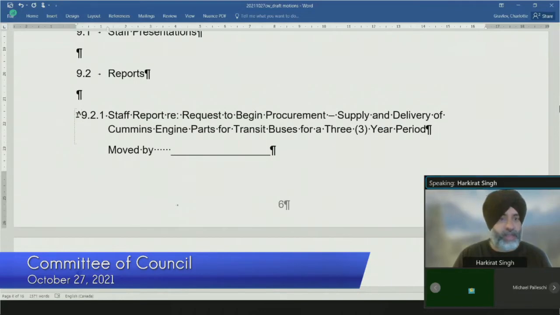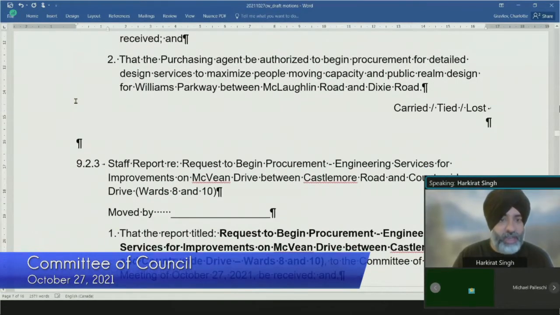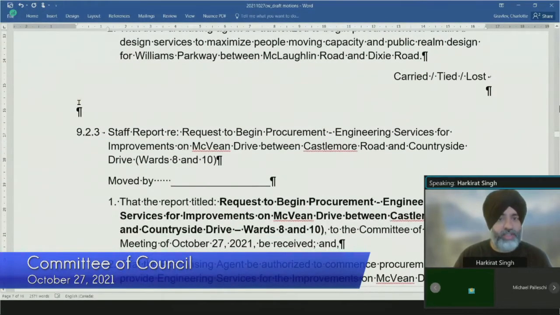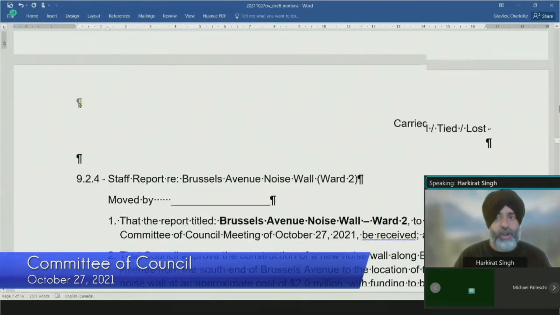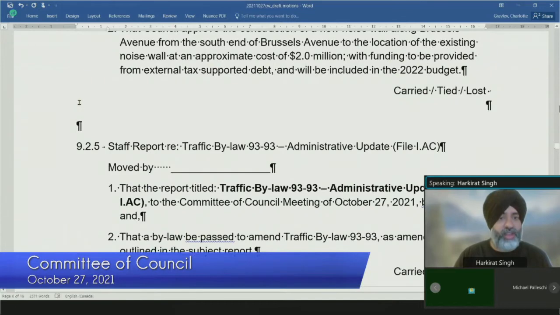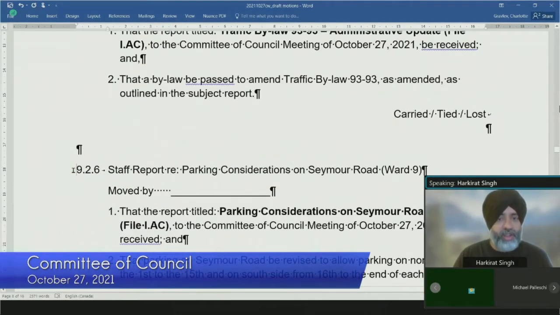Okay, consent. 9.2.5 staff report regarding traffic bylaw 93-93 administrative update. Okay, consent. Staff report regarding parking considerations on Seymour Road, Ward 9. Okay, consent. 9.2.7 staff report regarding parking related concerns, Rawling Crescent, Ward 2.